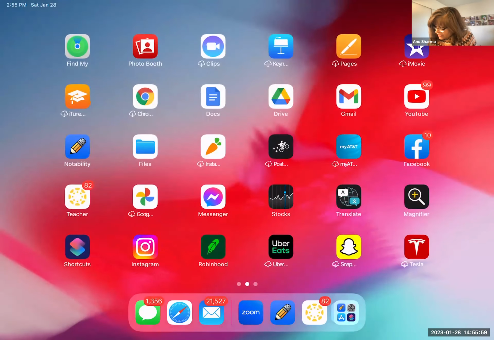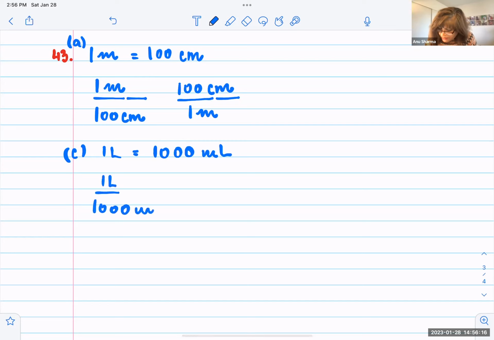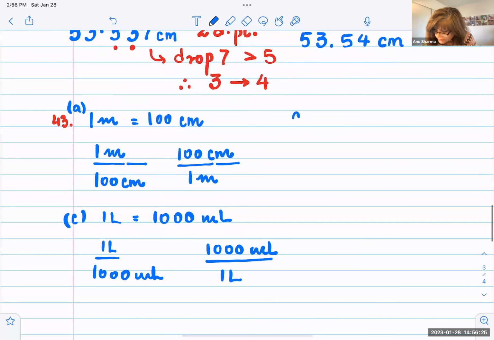From the table, we see that 1 liter is equal to 1000 milliliters. So write down the equality and then write down the conversion factors: 1 liter over 1000 milliliters, or 1000 milliliters over 1 liter. So these are the conversion factors.